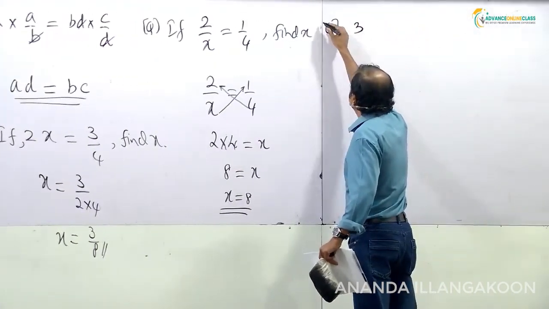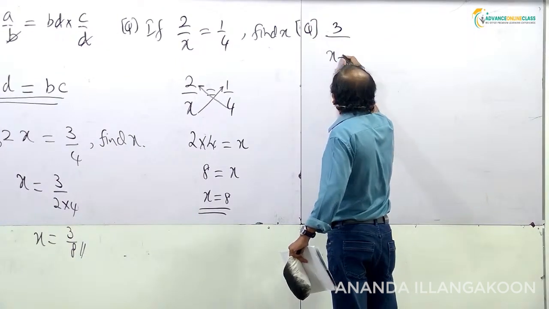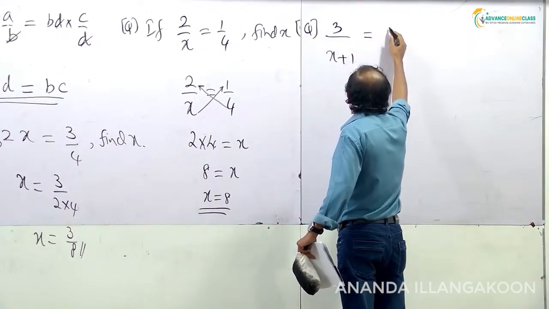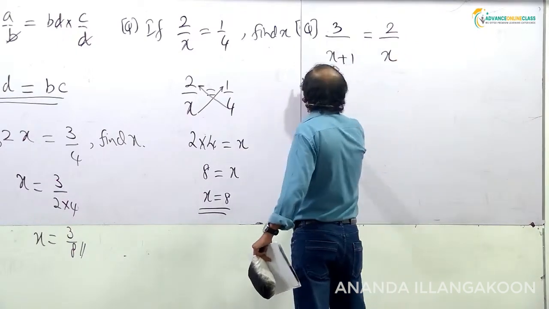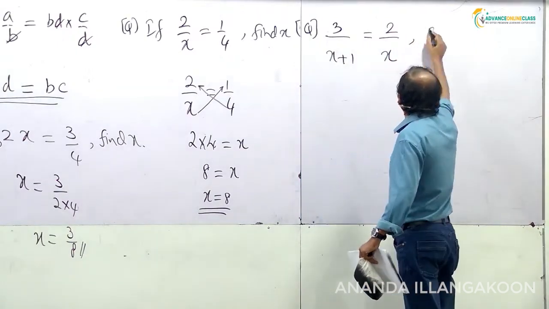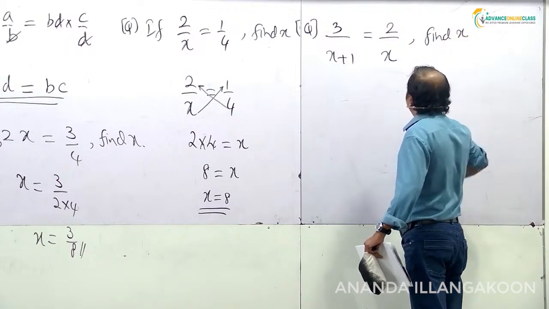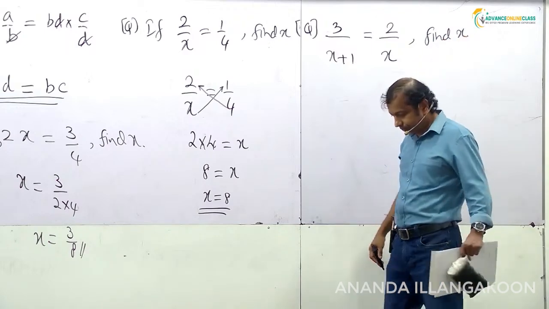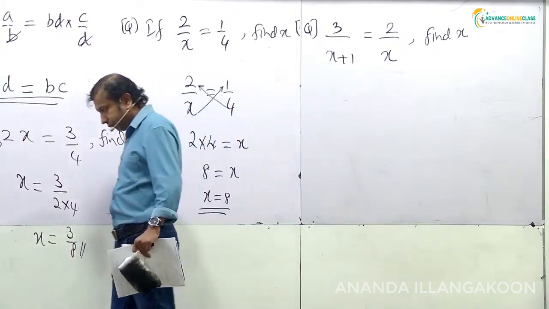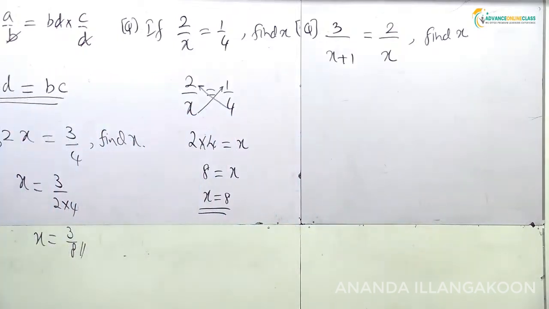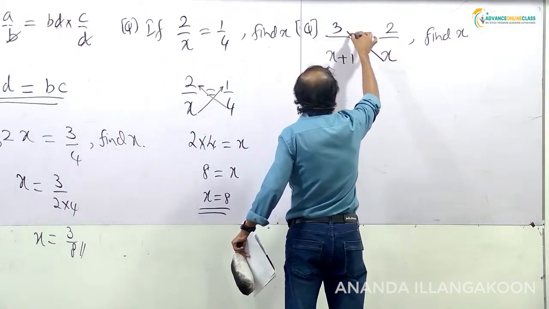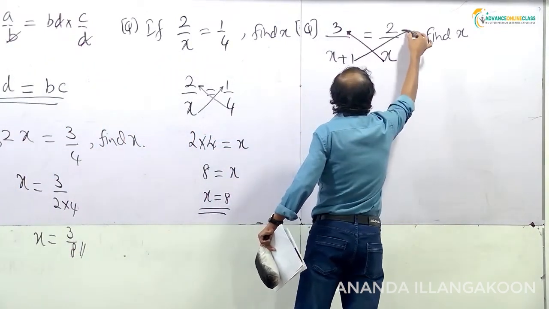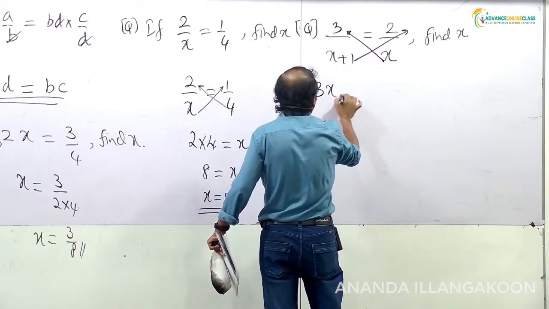Next question is this: 3 over x plus 1 equals 2 over x. Find x. How to use this property? Use cross multiplication. Bring this x here, 3x.